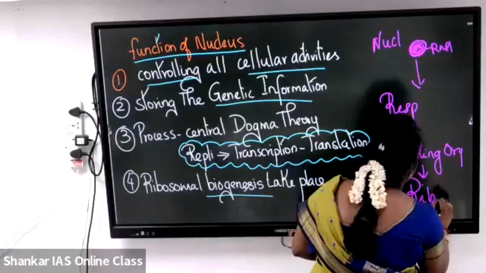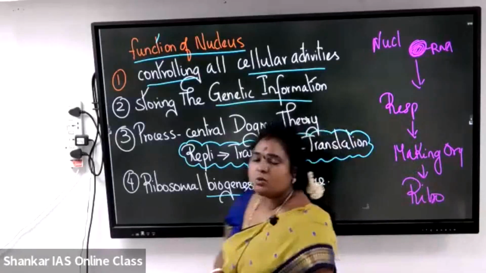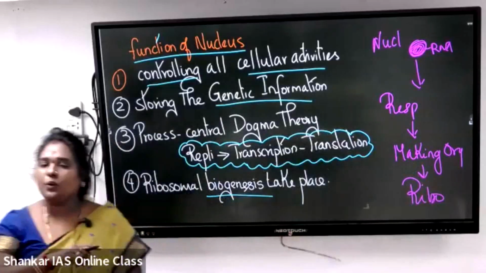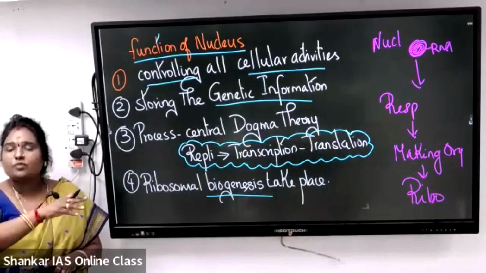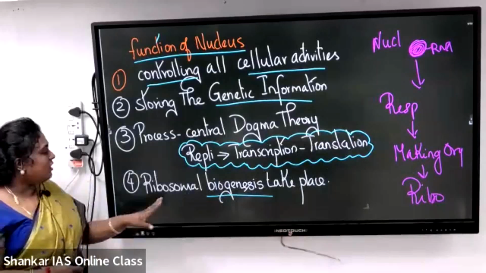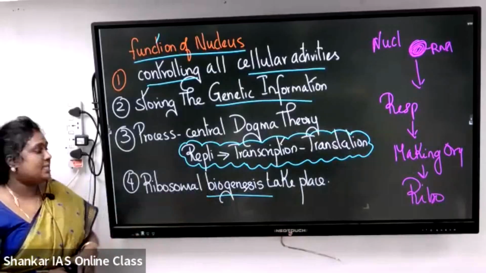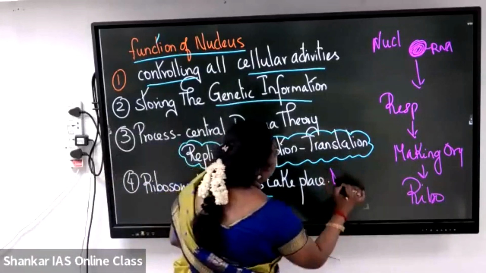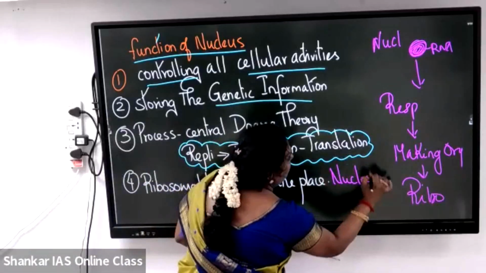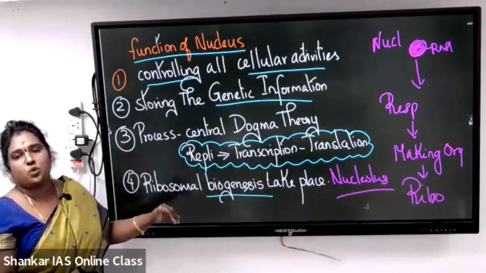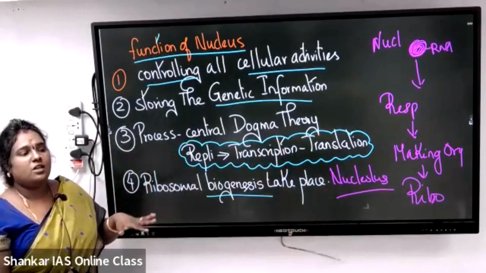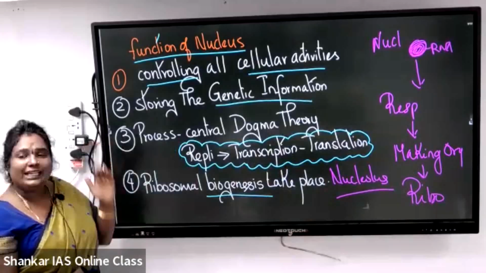So the process is known as biogenesis. From the nucleolus, a new organelle is produced. So we call it ribosome biogenesis, which takes place in the nucleolus. The nucleolus is responsible for making ribosomes. A ribosome is an organelle.